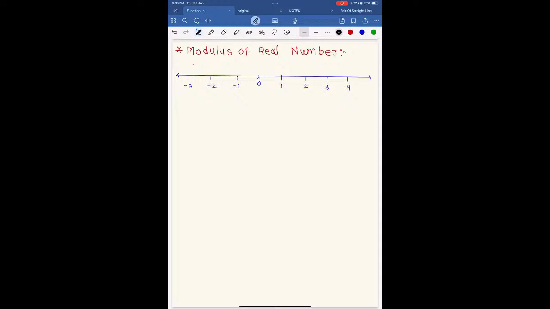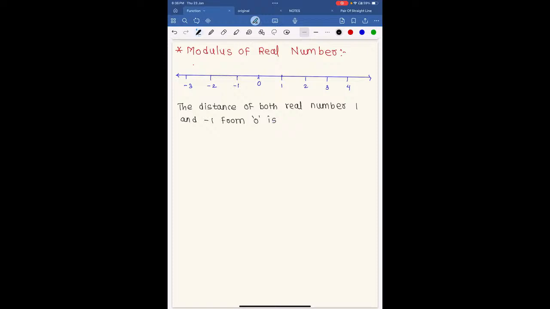So the distance of both real numbers 1 and -1 from 0 is.